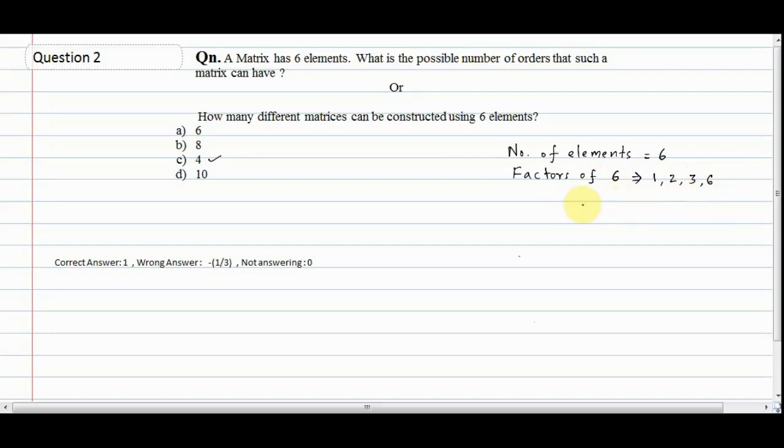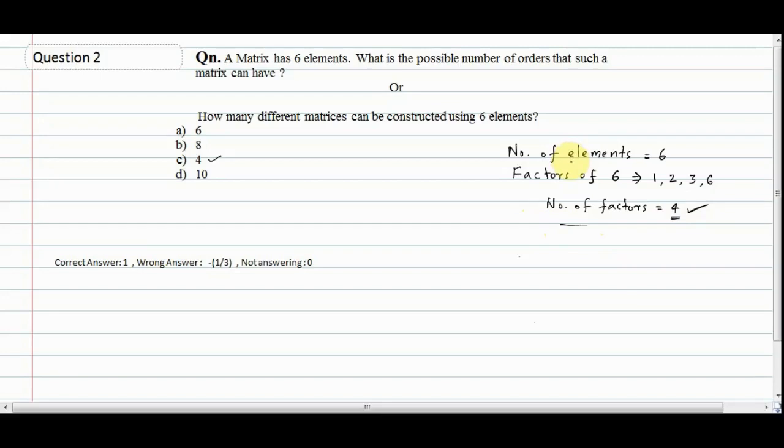So here the number of factors is equal to 4. Therefore our answer is 4. This is the shortcut method to solve this problem. In 2 steps you can find the answer.